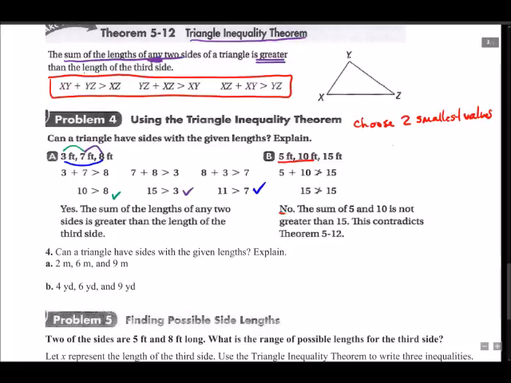So this will not make a triangle. What will happen here is we have something that's 15 feet long, and then this will be 10 feet long, and this will be 5 feet long, and they're just going to lay down and make two lines. So this will never ever make a triangle.